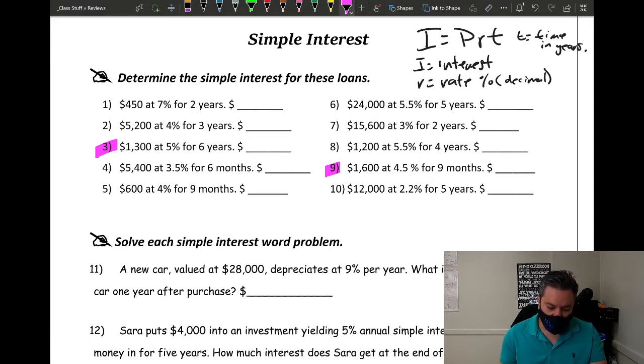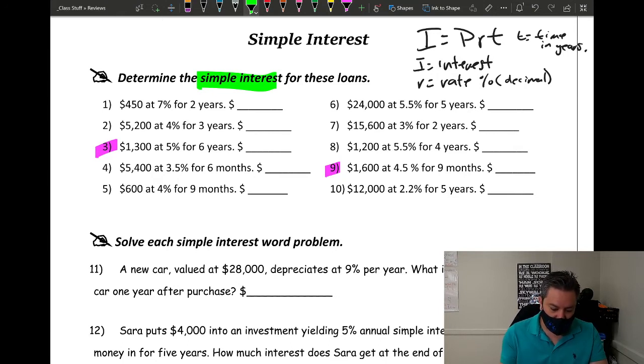So for example, on this one, we are only looking for the simple interest. So we're going to use the formula as is. You can manipulate this formula to do something different. In this case, we're not going to find the principal or the rate or the time, given the other 3 values. In this case, we're looking for the I. For all of these questions, 1 through 10, we're going to be looking for the I.